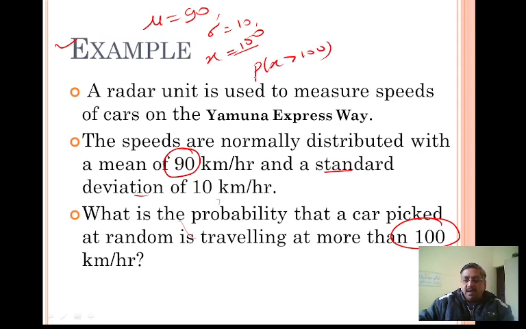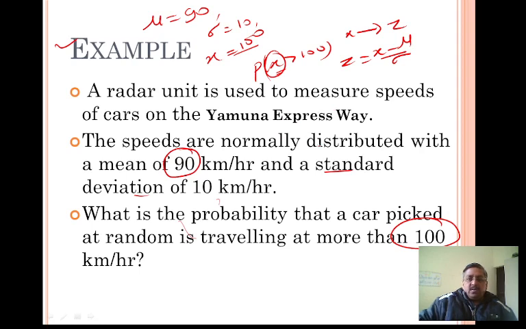As we have done in the last classes and last videos, we need to convert this x, which is a normal variate, into the standard variate. To convert x into z, we have the formula z equals x minus mu upon sigma, right?